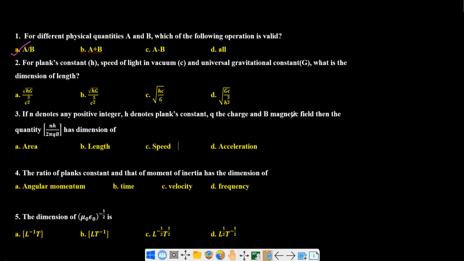So for the unit of length, utilize the concept of homogeneity. Length is M0 L T0, and let's say h to the power a, c to the power b, and G to the power c. Let us utilize the dimension of h.